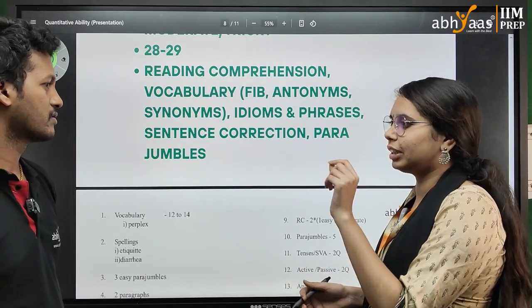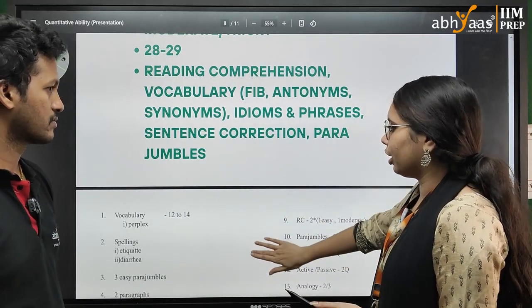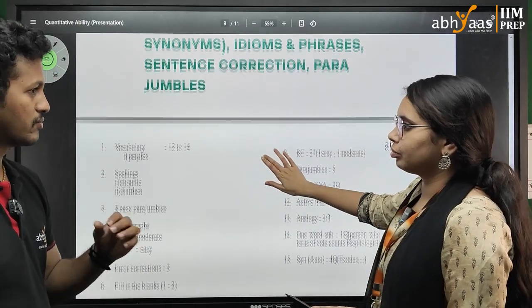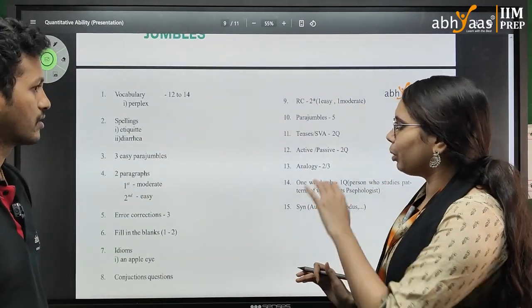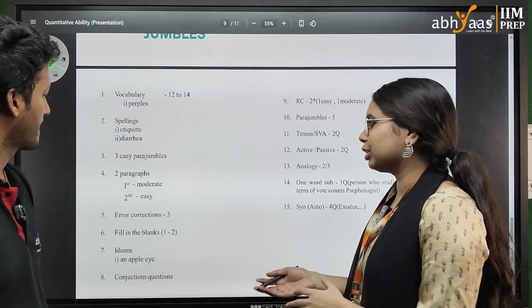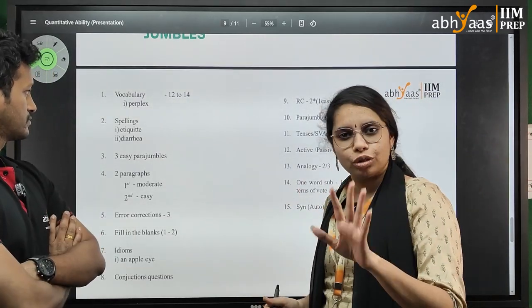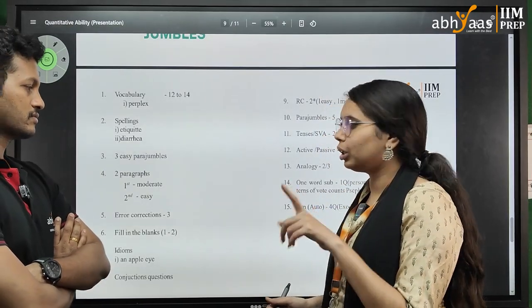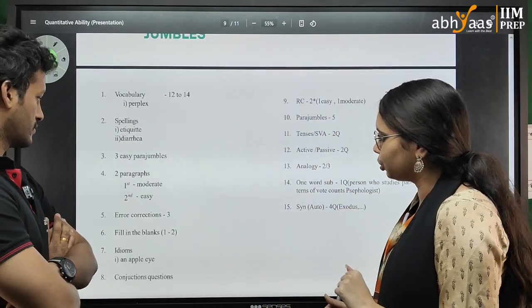I think people have faced a little bit of difficulty there. It's not difficult, just a bit moderate. I think they need some more practice on reading comprehension for reading speed. Other than that, spellings were pretty easy: etiquette, diarrhea. And we had around 3 to 4 parajumbles, and among them, only one was moderate, and the other 3 were easy. That was what I heard from students.